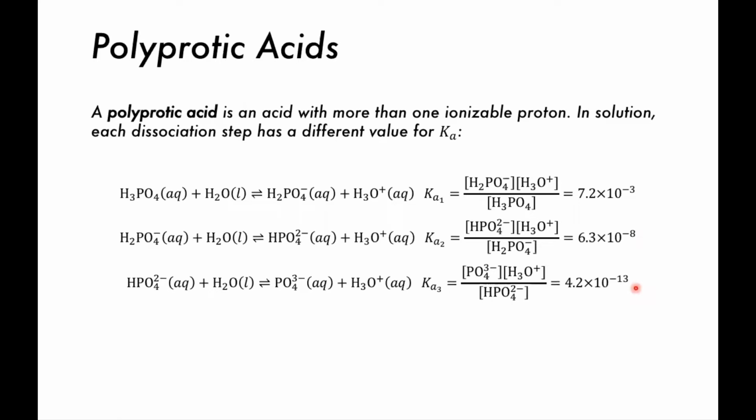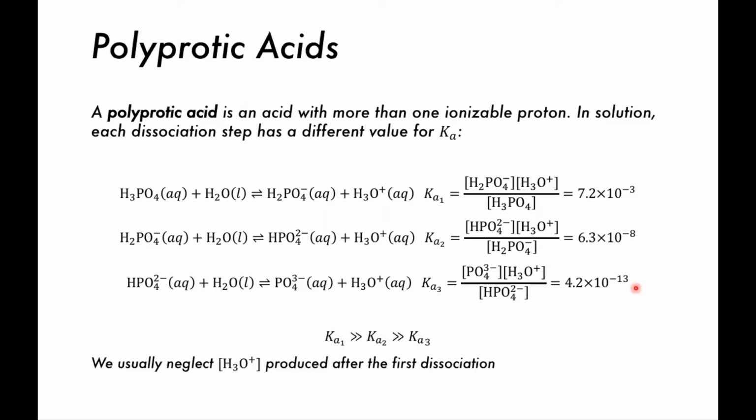And so typically we neglect the hydronium ions produced after the first dissociation. In most cases, in a more concentrated solution, the predominant species would be the one from only Ka1. But if you had a very dilute solution, you're more likely to get the second and third steps.